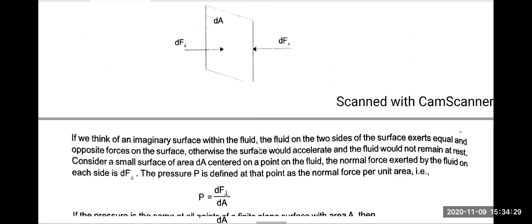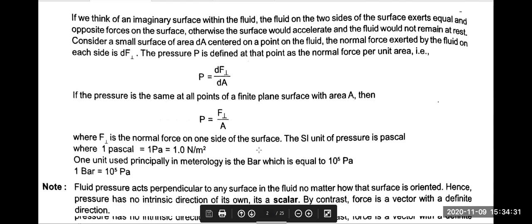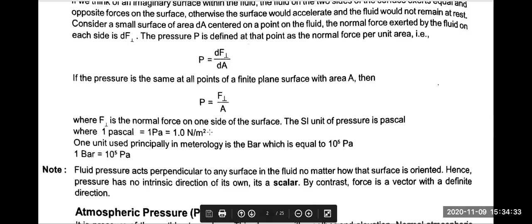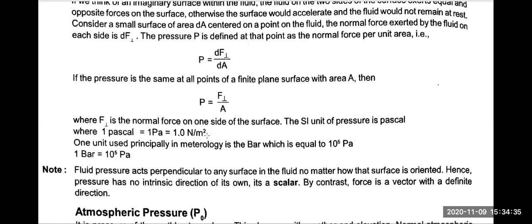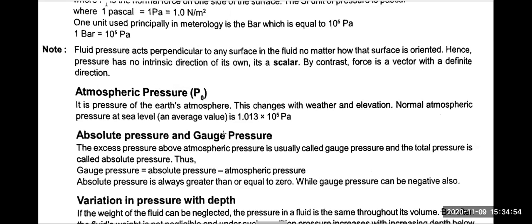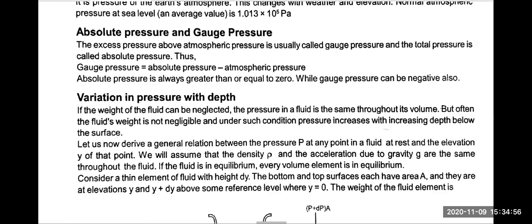The unit of pressure is Pascal, which is 1 Newton per meter square. The second unit is bar, which is 10^5 Pascal. I hope all of you are aware of other units also, like torr and centimeter of Hg. Then atmospheric pressure we already know. These are terms that we have already studied in the previous chapters.